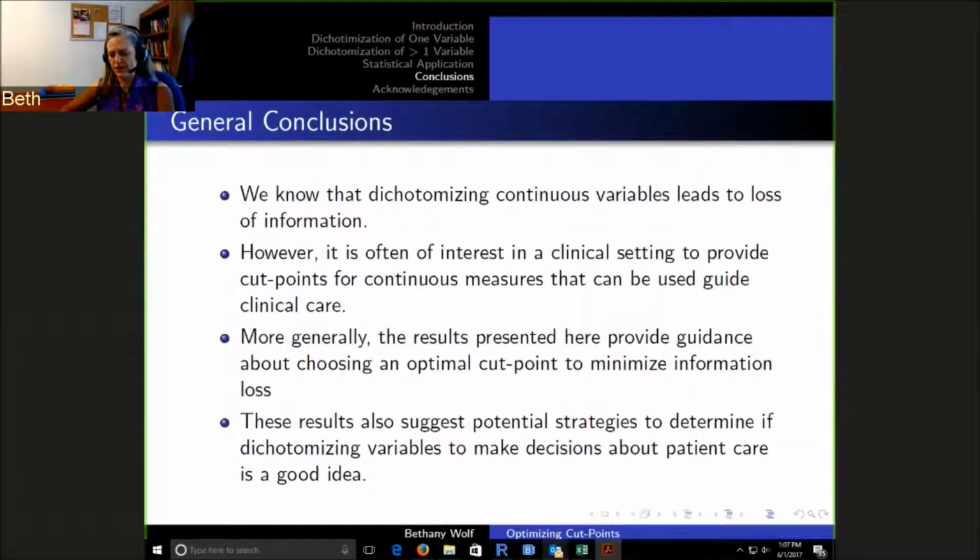We also said if we did bootstrap sampling and we saw that broad range of possible cut points chosen by the chi-square statistic, then probably we shouldn't use a cut point for that. So it does give you information both about the optimal choice of cut point and whether or not you should choose a cut point. So again, this suggests that there are strategies for dichotomizing variables that would make good sense and be useful in patient care management.